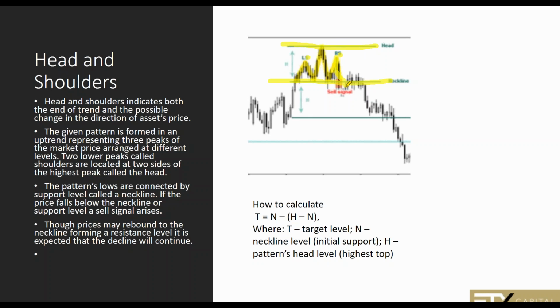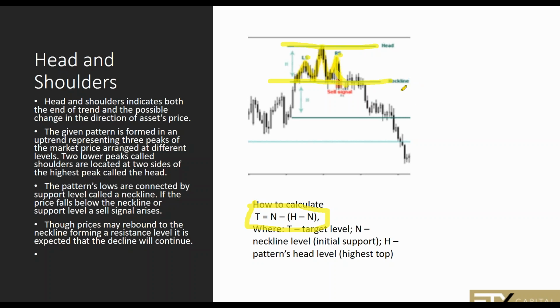Now, you want to determine targets or momentum that that breakout should have. So you would calculate this breakout by this simple formula. Target equals neckline minus the head minus the neck.